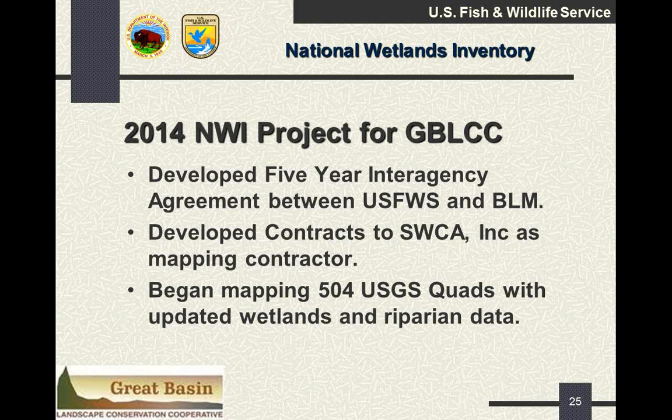Then we developed contracts with SWCA as the primary mapping contractor, and they've been our contractor for a number of years now, and we've always been very happy with their work. We began by mapping the first 504 quads with updated wetland and riparian data.